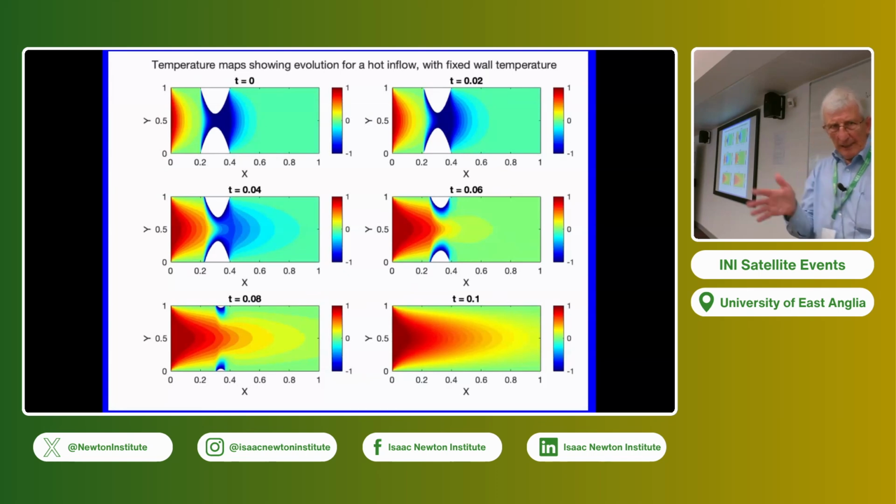Yeah, Reza ran his code from Y0 to 1, so he ran it to allow for asymmetry. But the initial state is symmetric, and the solutions that came out came out symmetrically. If he'd put in a temperature profile which was non-symmetric, then that would have made it non-symmetric. Yeah.